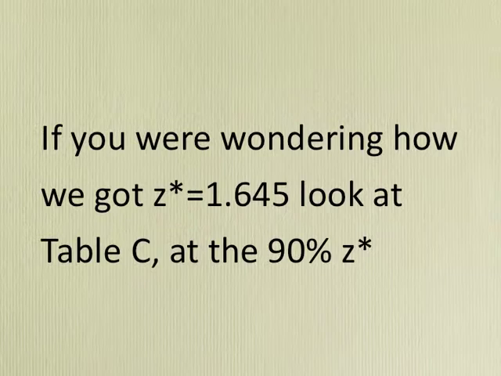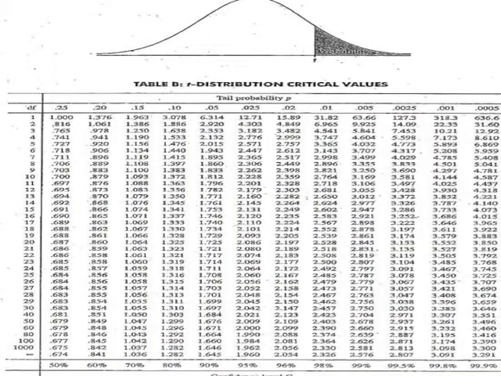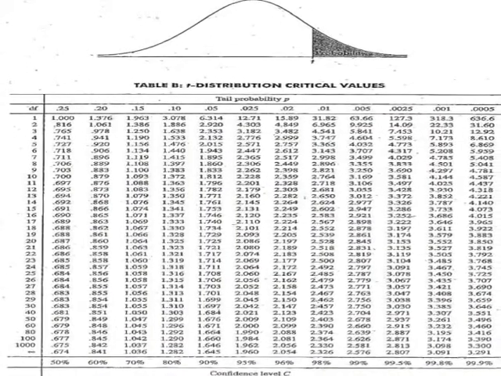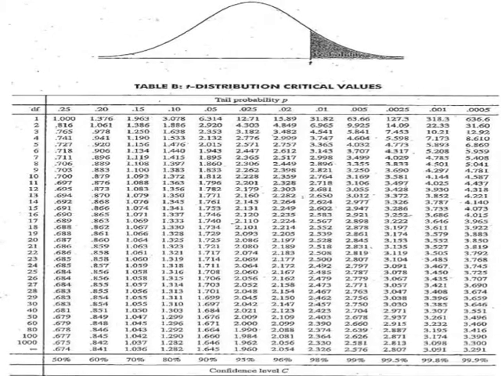If you were wondering how we got z-score equals 1.645, look at Table C at the 90% confidence level. It's on the last row, 4 columns over.